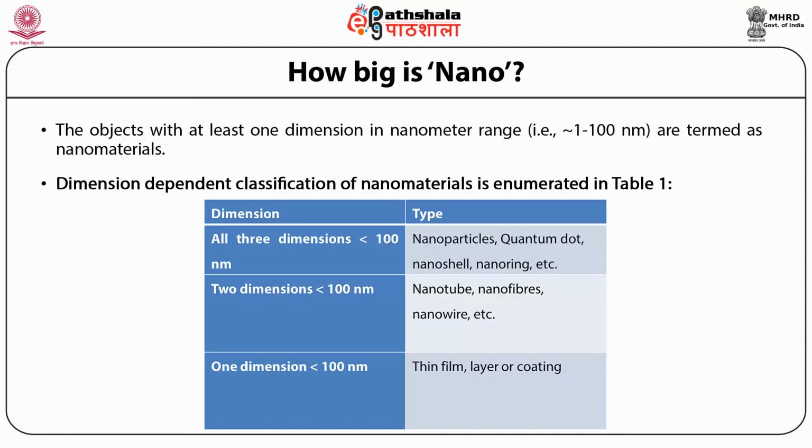If we have all three dimensions less than 100 nanometer, then we say it is a nanoparticle, a quantum dot, nanoshell, or a nanoring, etc. If we have two dimensions less than 100 nanometer, then we can say it to be a nanotube, nanofibers, nanowire, etc. Next one is having one dimension less than 100 nanometer, then we say it to be a thin film, a layer, or a coating.